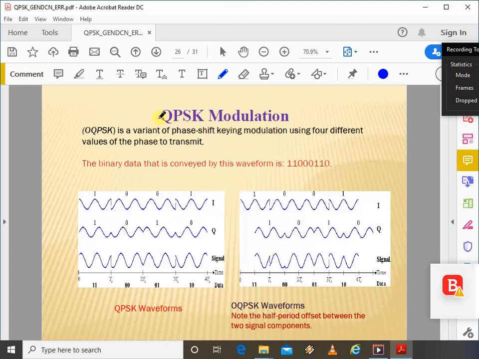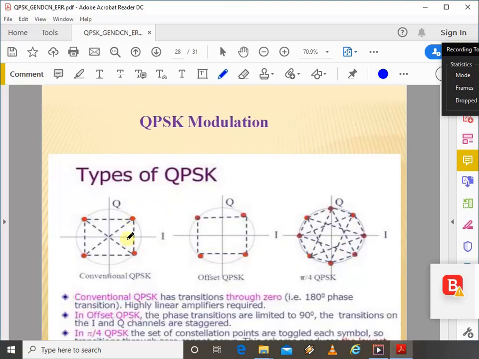Now I want to discuss something about offset QPSK. In QPSK, if you look at this diagram, these are message point 1, message point 2, message point 3, message point 4, that is dibits 00, 01, 11, 10, whatever it may be.